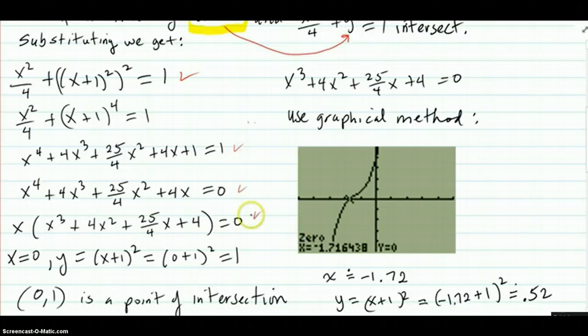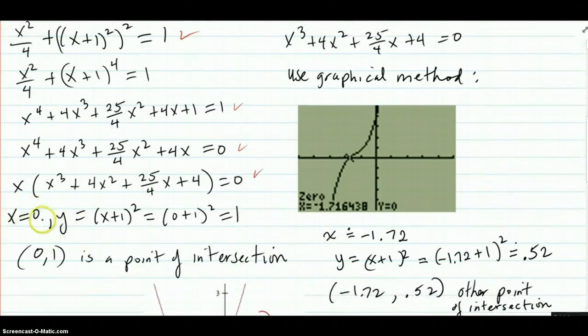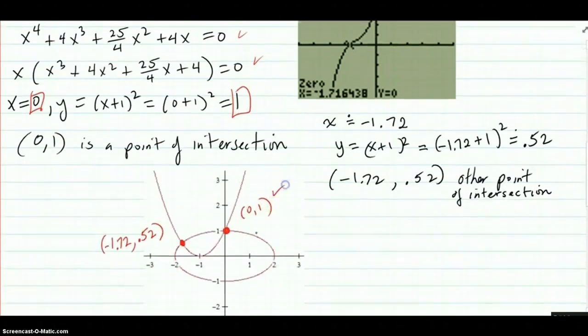So x is 0, is a coordinate for intersection, and the y coordinate there is 1, so you have 0, 1. And looking at the curve again, you see that 0, 1 was the intersection.